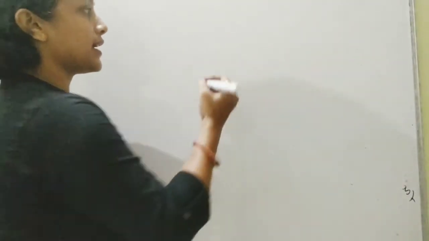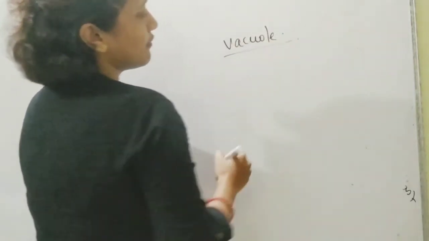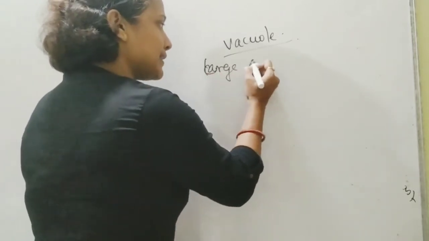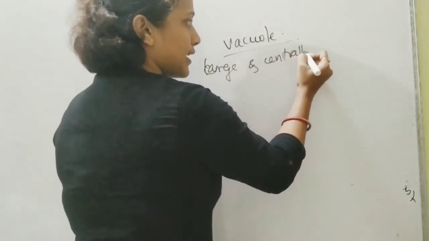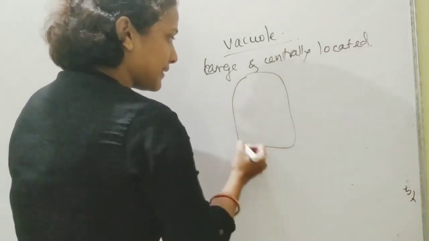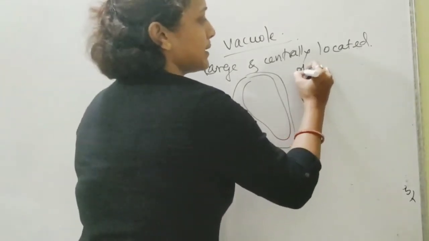Now coming to one most important thing, that is the vacuole. Vacuole is large and centrally located. Again I repeat, large and centrally located means right at the center, a huge one. And this one is seen in the case of a plant cell.